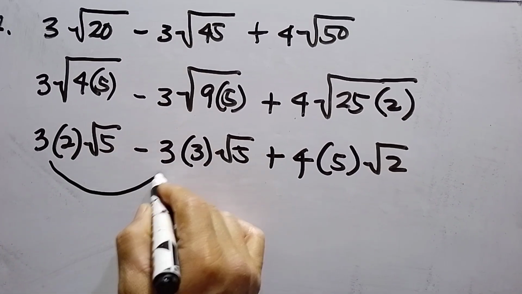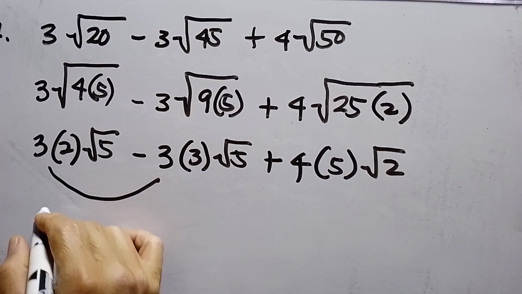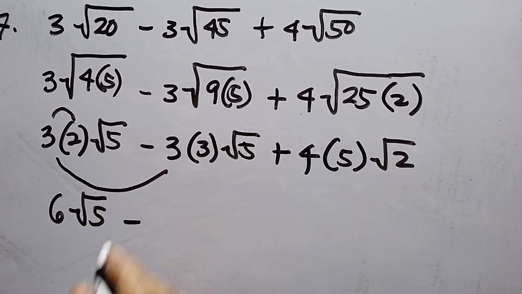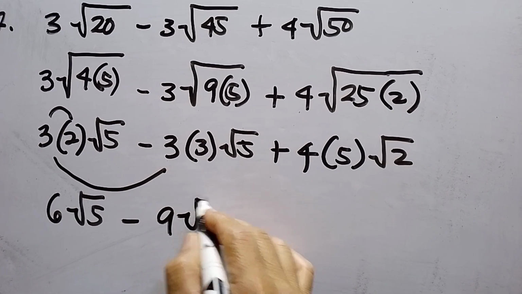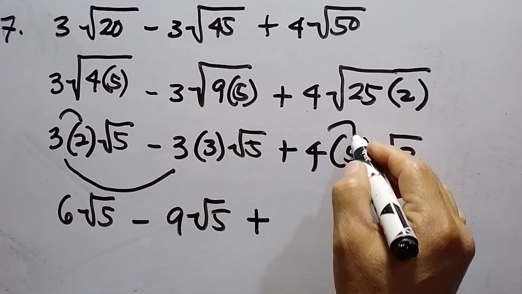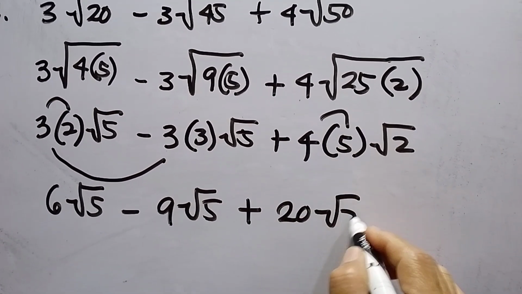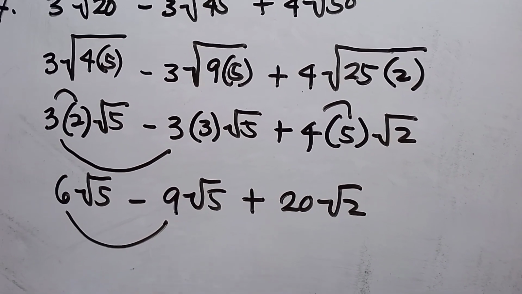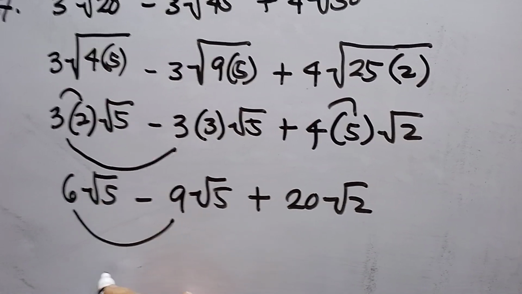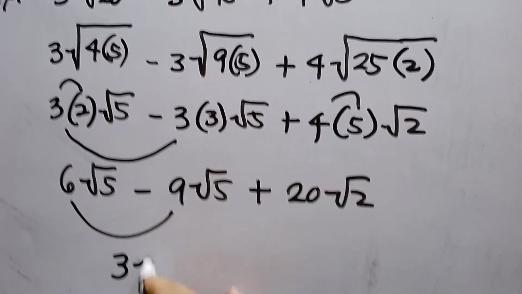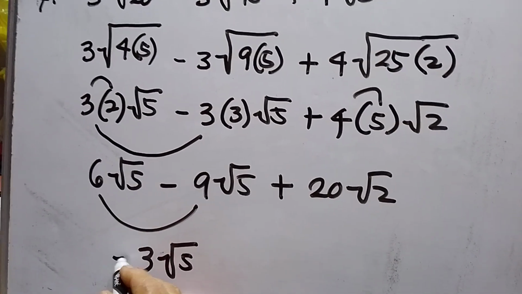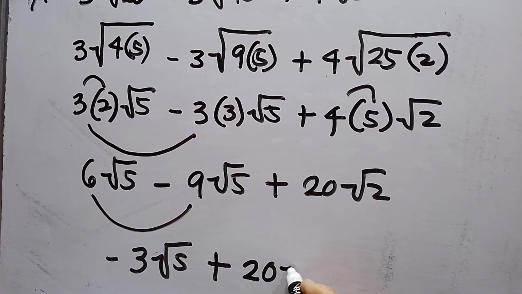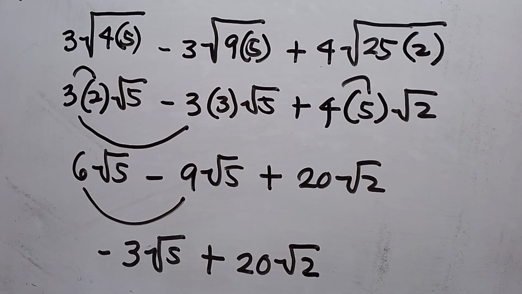Combine this one. 6 square root of 5. This will be 9 square root of 5 plus this one is 20 square root of 2. 6 minus 9. So I need subtraction. 9 minus 6. So this will be 3 square root of 5. The sign must be negative because 9 is having a negative sign. Just copy this one, 20 square root of 2. So that's all for today's topic.